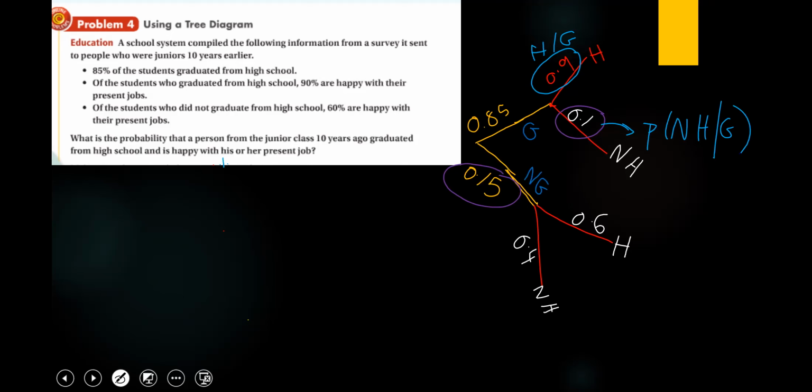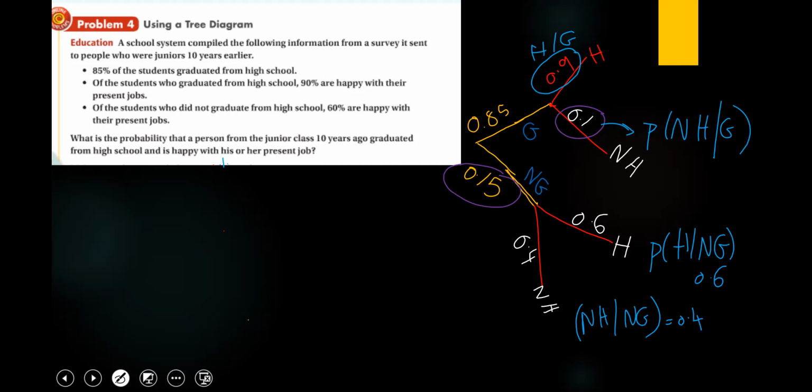Happy given that graduated is 0.9. Happy given that not graduated is 0.6, and not happy given that not graduated is 0.4.